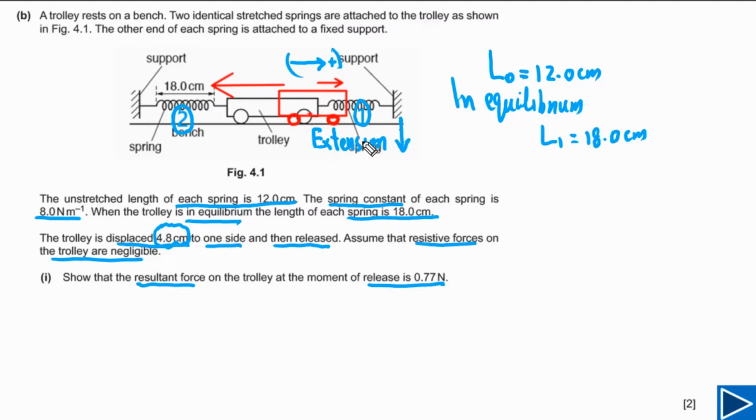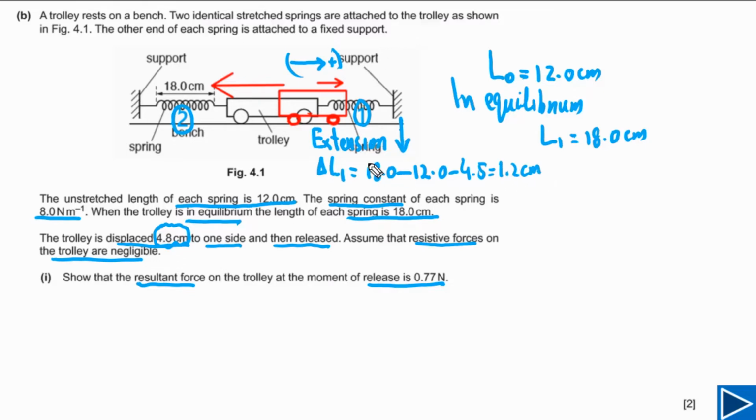So the extension of this spring, delta L1, will be equal to 18.0 minus the unstretched length, minus the decrease in extension of 4.8 centimeters. This is one way of writing, otherwise simply you can find that it will be 1.2. So the extension in this spring now will be equal to 1.2 centimeters.